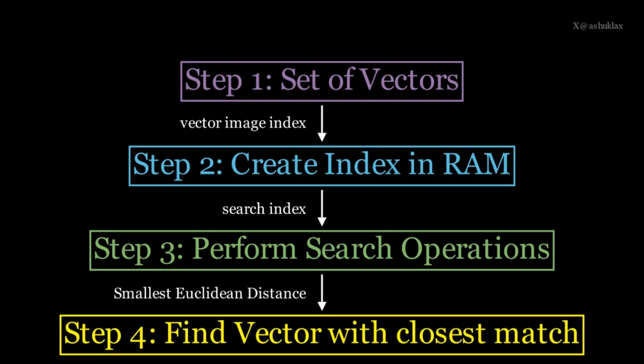Finally, it finds the vector with the smallest Euclidean distance, argmin, to the given query vector. The Euclidean distance is a measure of how far apart two vectors are in the multidimensional space, so the vector with the smallest distance is the most similar to the query vector. In summary, FAISS helps you quickly find similar data points by organizing and searching through vectors efficiently.